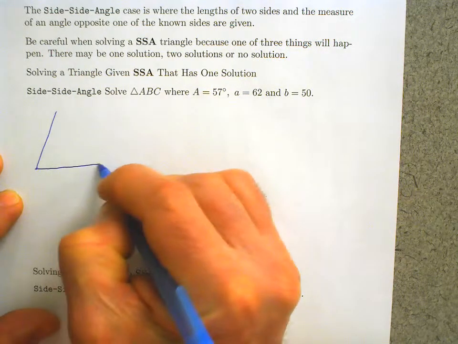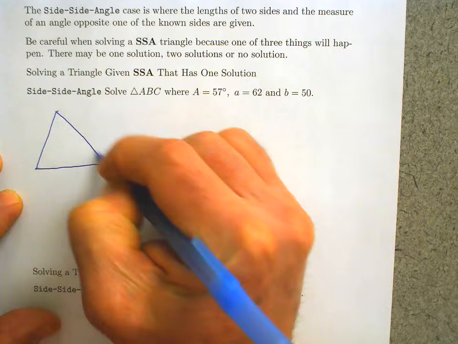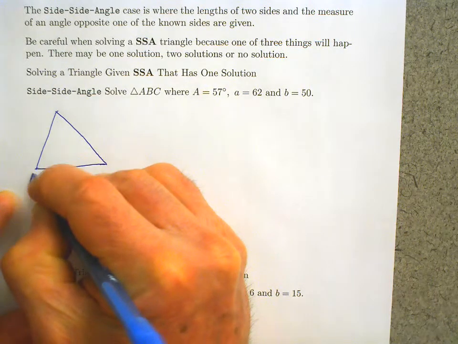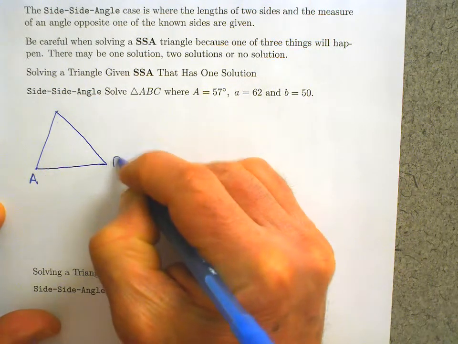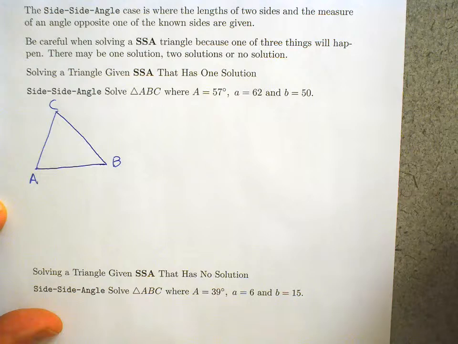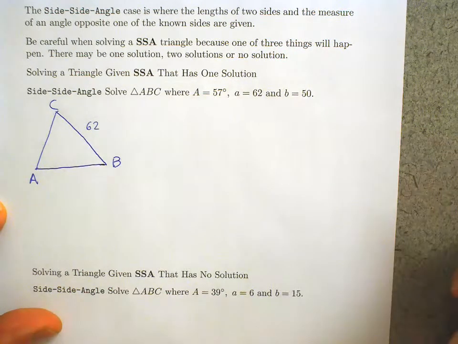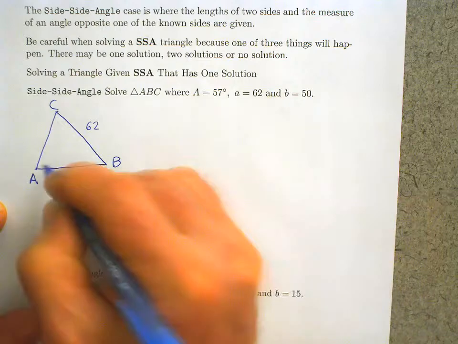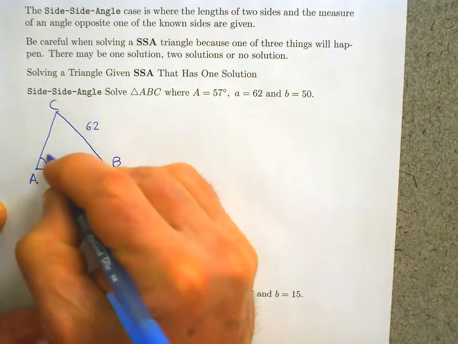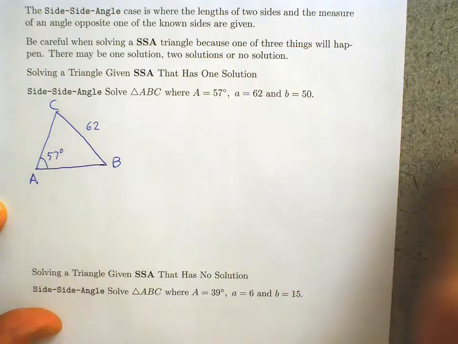Okay, so here's the triangle ABC. Lowercase a is given to be 62. Angle A is given to be 57 degrees.